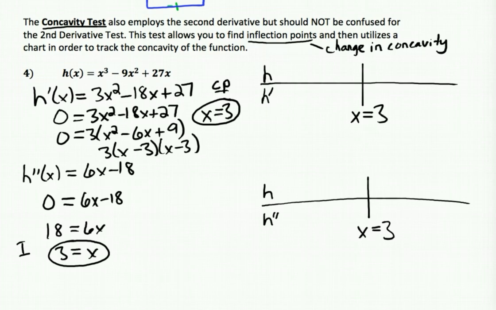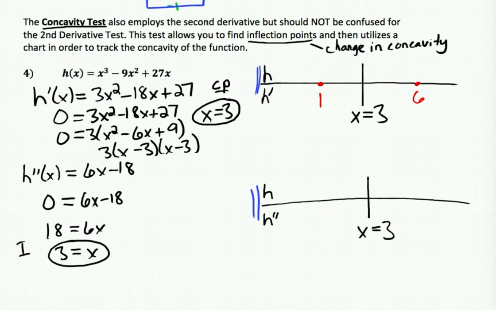So let's plug in 3 to the first derivative, and you can see that it's really key how you label these charts. For the first derivative test, we're going to plug it in and see what happens. Just like last time, I need to pick a representative point, maybe 1, and maybe 6.